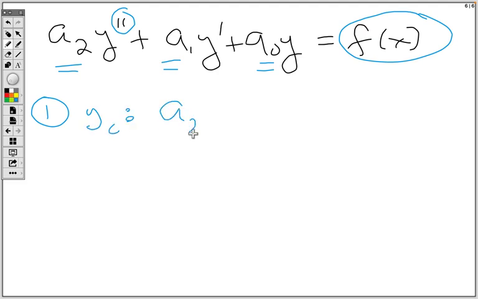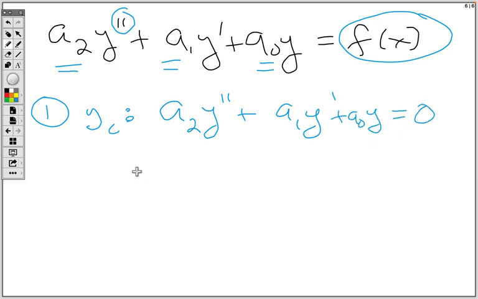So we're going to take the diffie q and we're going to solve the associated homogeneous equation. All right. And here's where we're going to use the y equal e to the mx to get our solution to this. And once again, this is what we did in section 5.2.